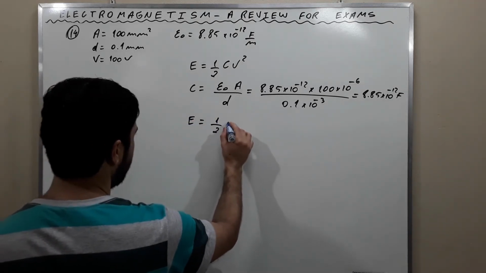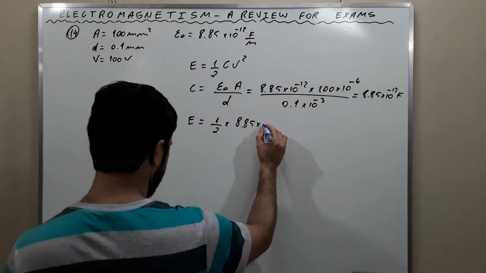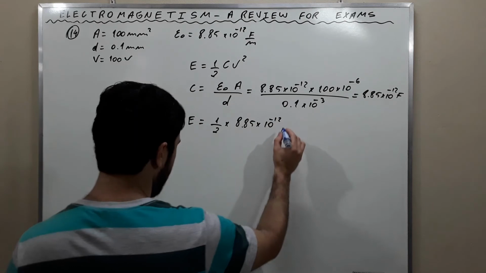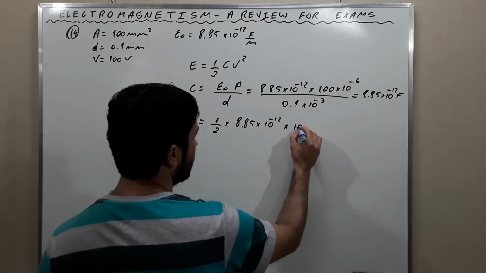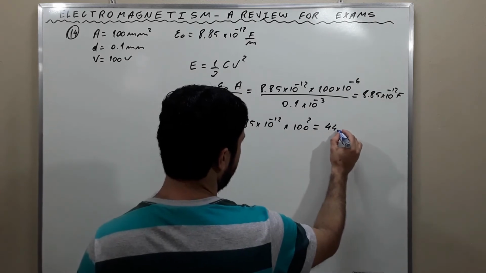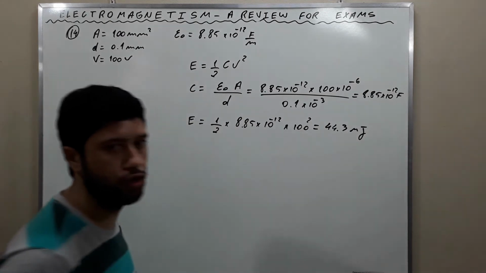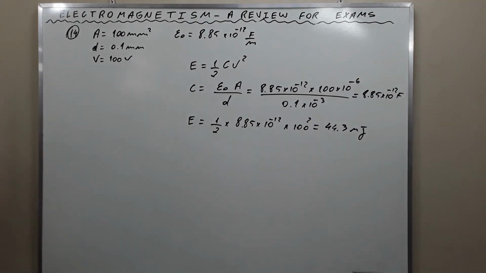With the value of the capacitance, we can use this expression here for the energy, and the energy is a half times 8.85 times 10 to the negative 12 times 100 squared, which is 44.3 nanojoules. Okay, a very simple exercise.